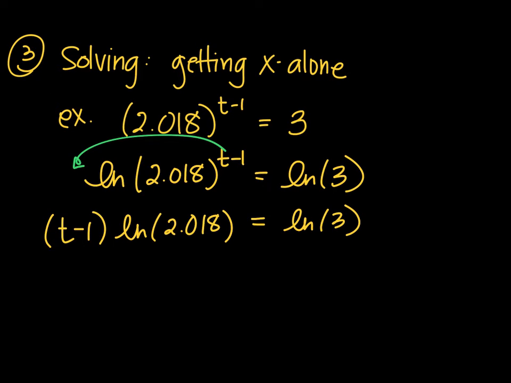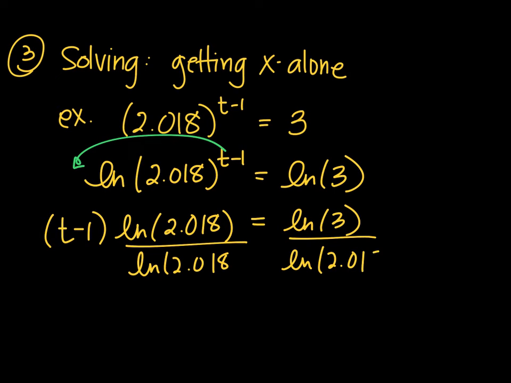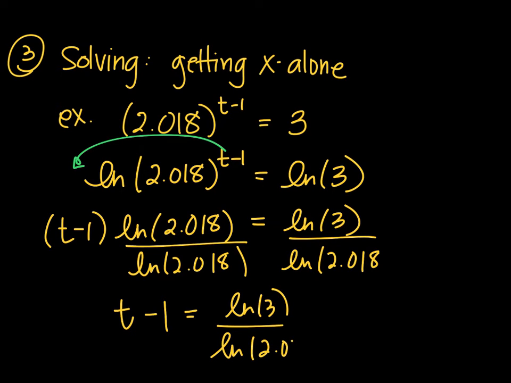Then I can do a quick division of natural logs. So I'll divide both sides by the natural log, which will give me t minus 1 by itself, and I'll have the natural log of 3 over the natural log of 2.018.